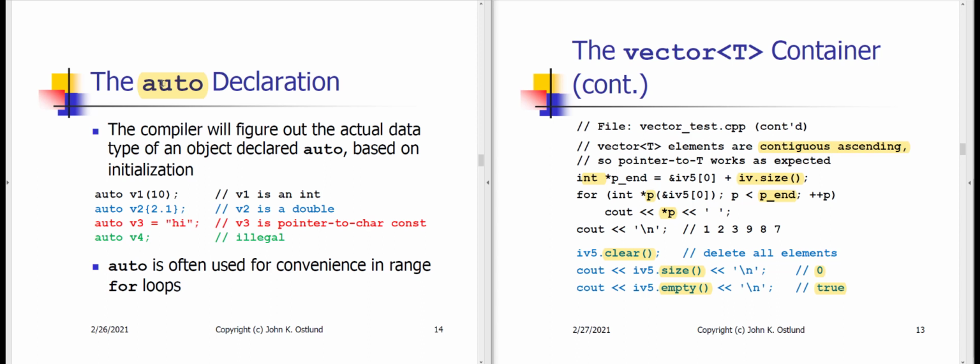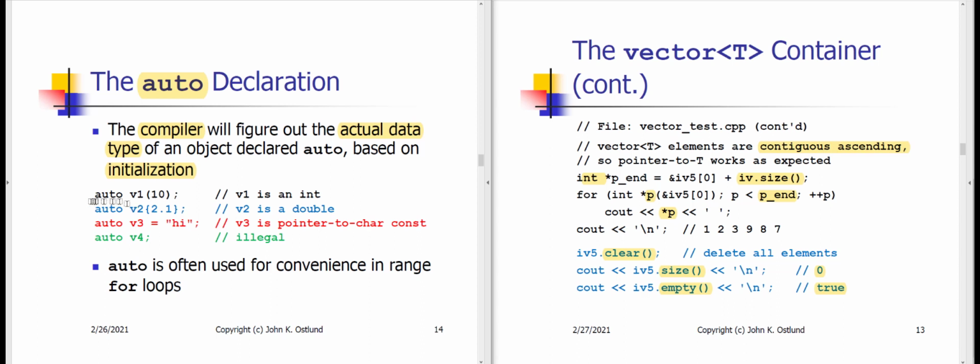Now, as a convenience, and sometimes a convenience bordering on necessity, and in fact, in the case of template functions and classes, it frankly is a necessity, you can use auto as a declaration for a variable. And when you use auto, the compiler will actually figure out for you the actual data type based on whatever expression you use to initialize the variable.